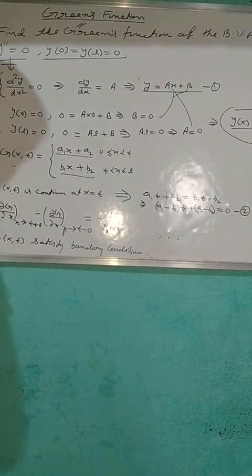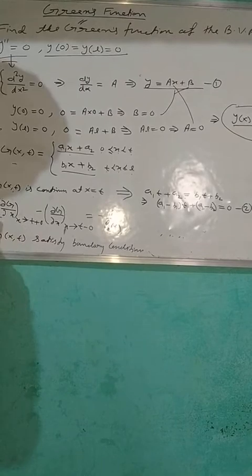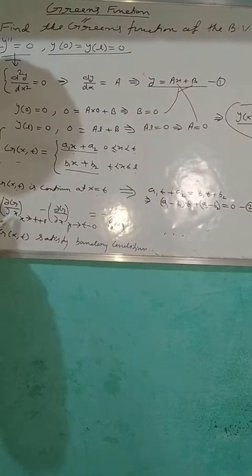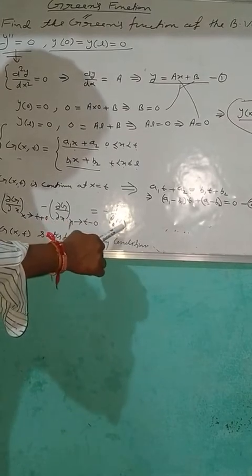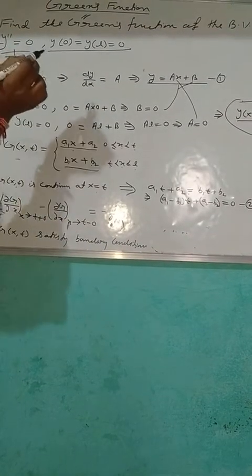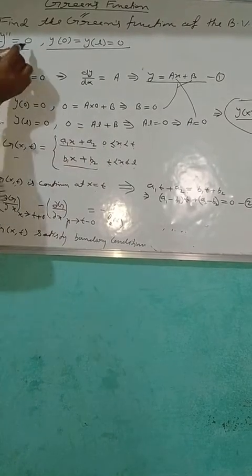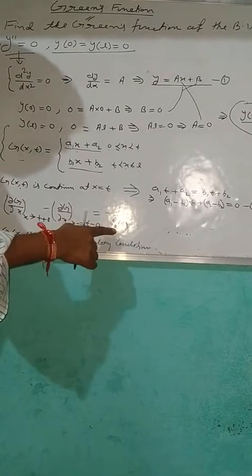The second condition: the difference between the right hand differentiation and the left hand differentiation equals -1/p0(t), where p0(t) is the coefficient of the highest order derivative of the differential equation. The coefficient here is 1, so in place of p0(t) we can write 1.